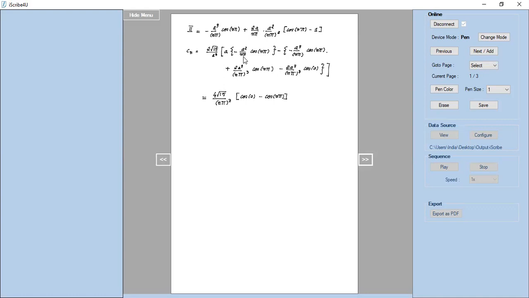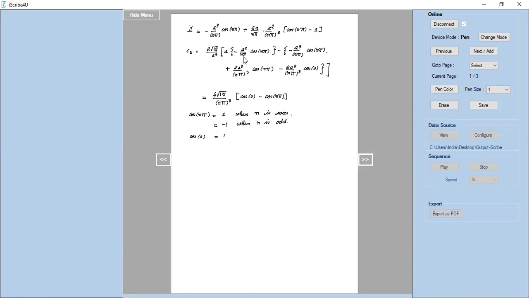So basically, of course, your cos of n pi is going to be 1 when n is even, and it's going to be minus 1 when n is odd. Your cos 0, of course, is going to be 1.